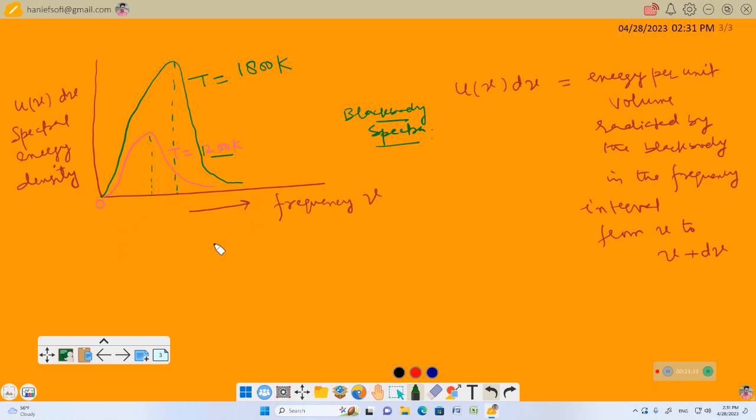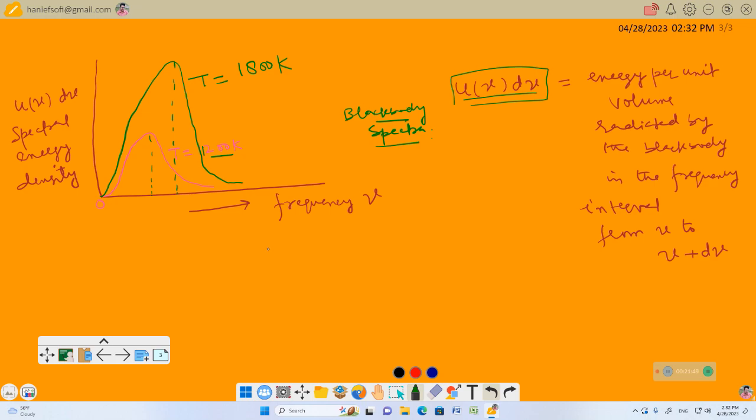Justify means they wanted to predict, to write some formula for this u nu, which can be graphed and which matches these experimental curves. That means they wanted to explain this spectrum using theory, right?